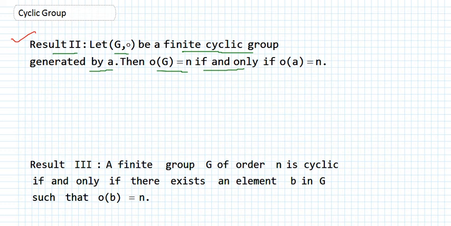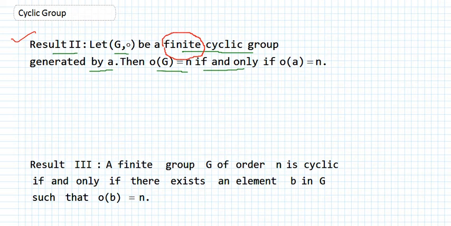The above results say that G is a finite cyclic group, which means the order of G is some positive integer n. I want to inform you that instead of a finite cyclic group, if the order of G is infinite, which means G is an infinite cyclic group, the above result is still true.